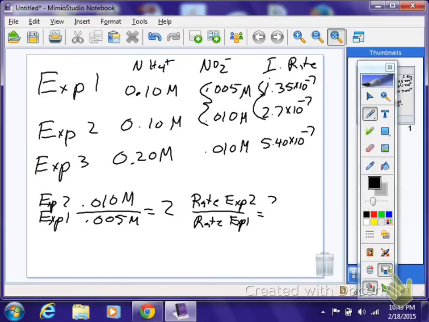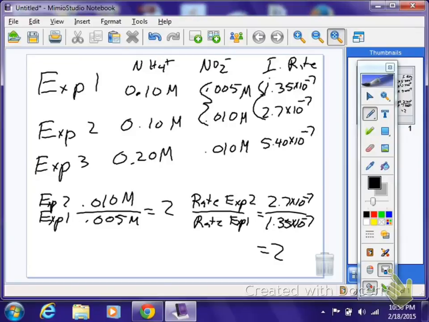When we take 2.7 times 10 to the minus 7 divided by 1.35 times 10 to the minus 7, what we get out of that is also 2. So that's called a direct relationship. When concentration doubles, rate doubles, that is an order of 1.